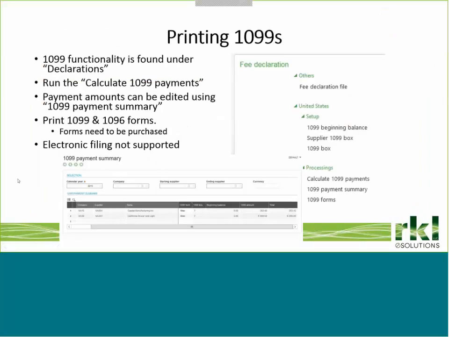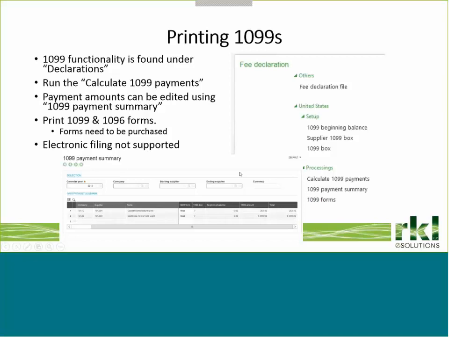1099s are found under declarations in X3. If you're ready to do the processing and your vendors are set up correctly to track 1099 payments and what box you're going to show the payment in, then it'll calculate an amount for those suppliers. That's when you run the calculate 1099 payments.